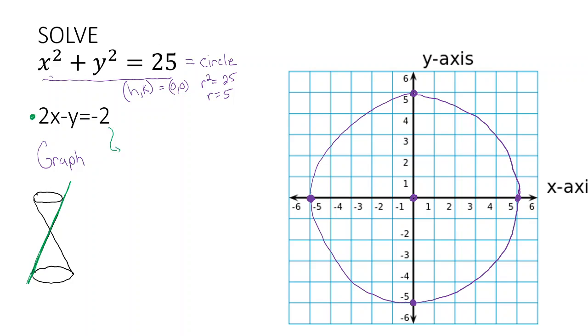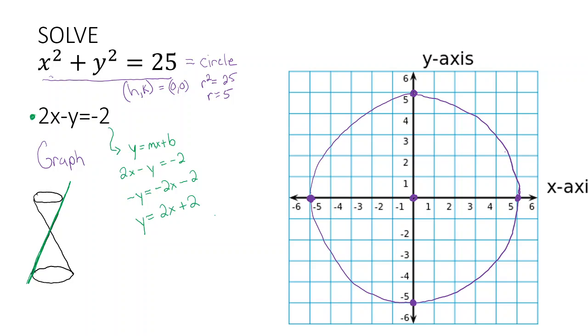So if I were to put this into y equals mx plus b form, we take 2x minus y equals negative 2. And so we subtract 2x: negative y equals negative 2x minus 2. I want y to be positive, so I'm going to say y equals 2x plus 2.